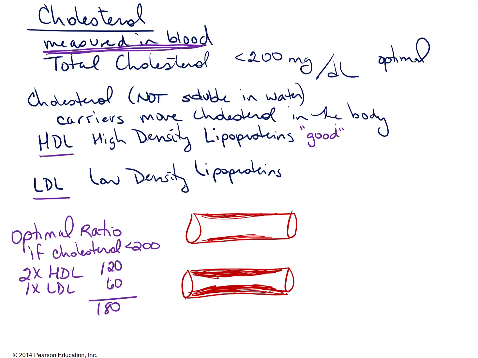Okay? This is the carrier that actually takes fat and sends it to a destination. So it carries fat, lipids, cholesterol to the liver and the body cells for use.